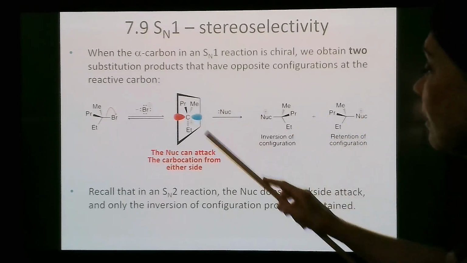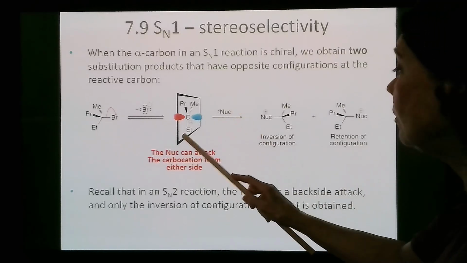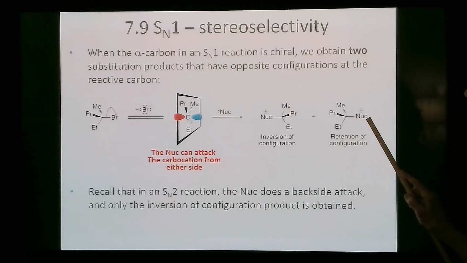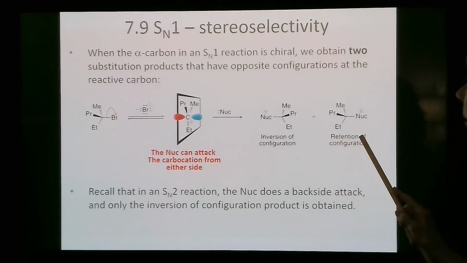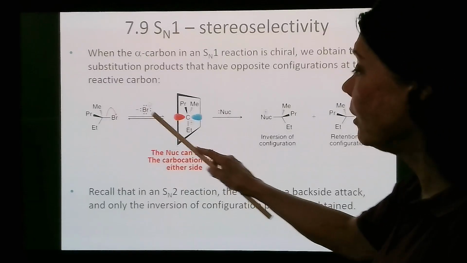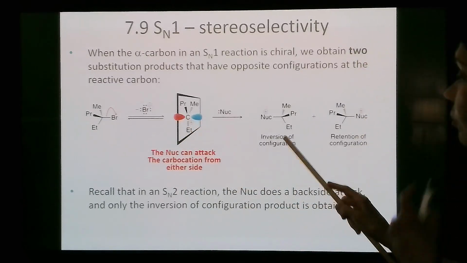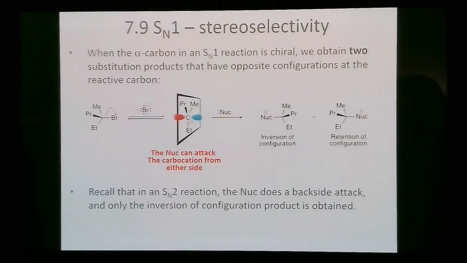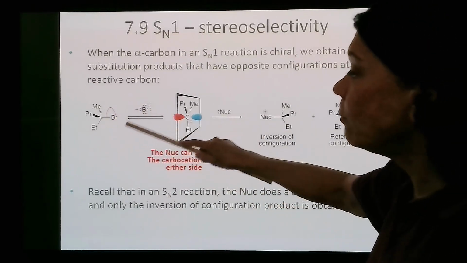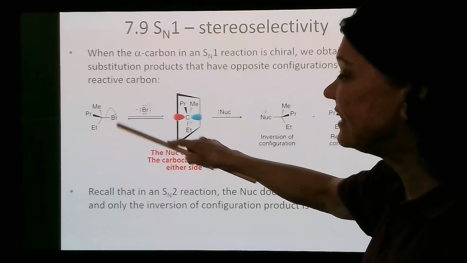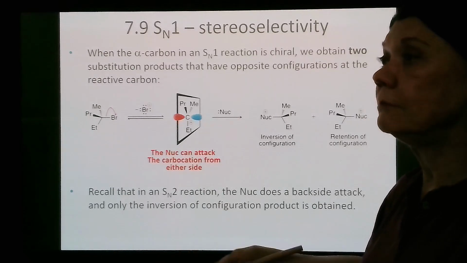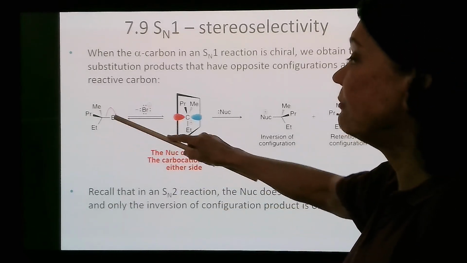Now the nucleophile comes in. Notice you start out with the bromide going over to the right. So you're going to get some retention of configuration, and you're going to get some where the nucleophile has come in from the back. You're going to get some inversion of configuration. And as the bromide departs, the bromide is going to be in this vicinity of the molecule for a second or two, for just a very brief time period.